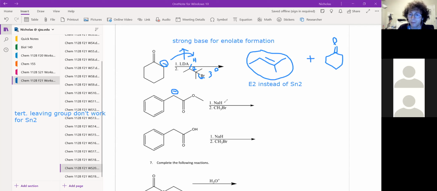And then we're adding methyl bromide, which is perfectly fine for SN2 mechanisms. So it's just going to do this attack like we have been in the past. And we're putting a methyl group on the alpha spot.